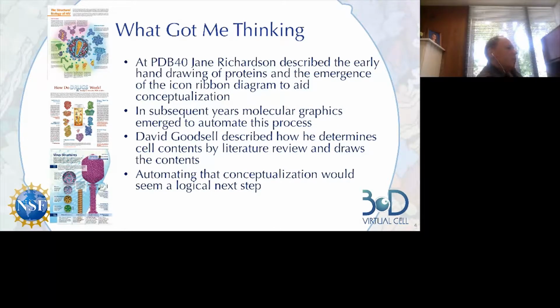Then David Goodsell got up and described some of the beautiful drawings he's done, including the ones on the top left-hand side there, where he depicts either complete cell contents or subcellular compartments. But he's also an artist as well as a scientist, and at this point in time, he does the majority of that by hand.